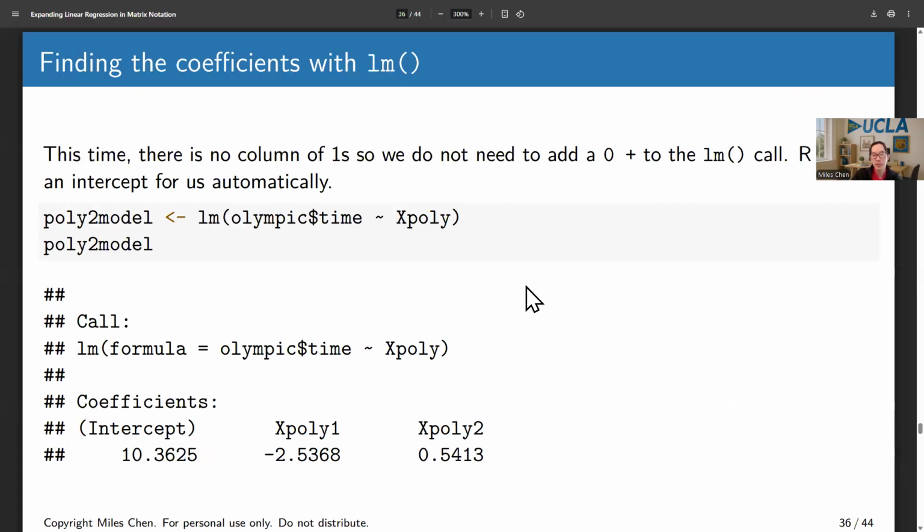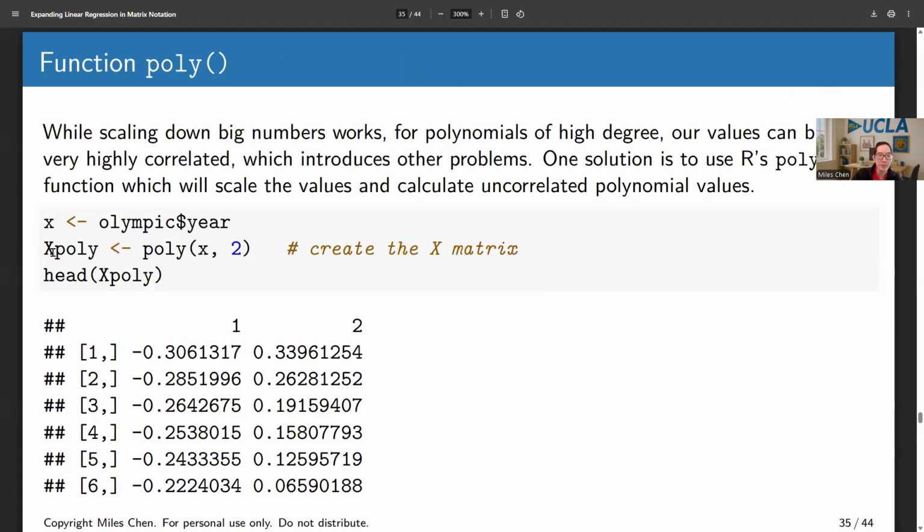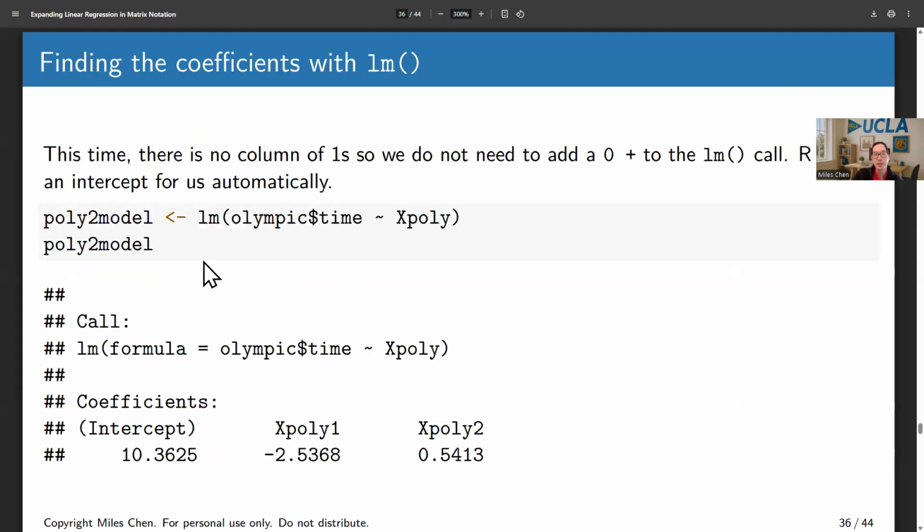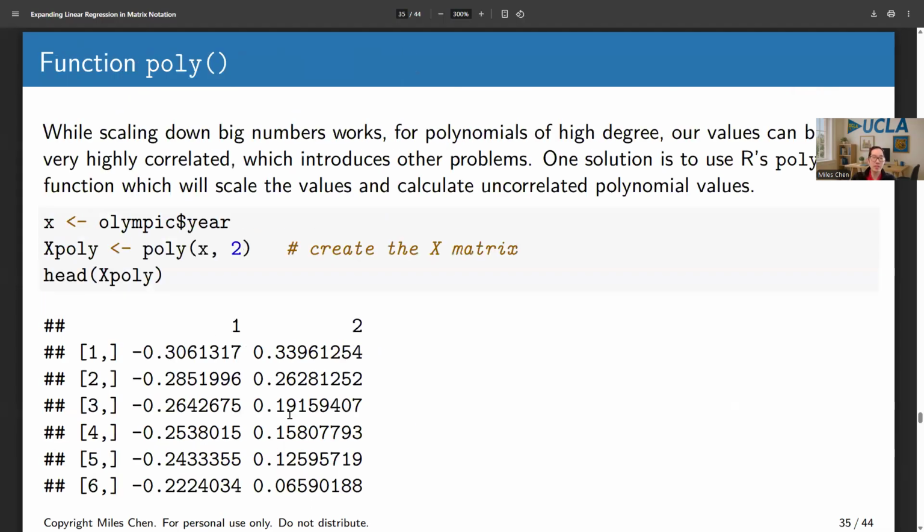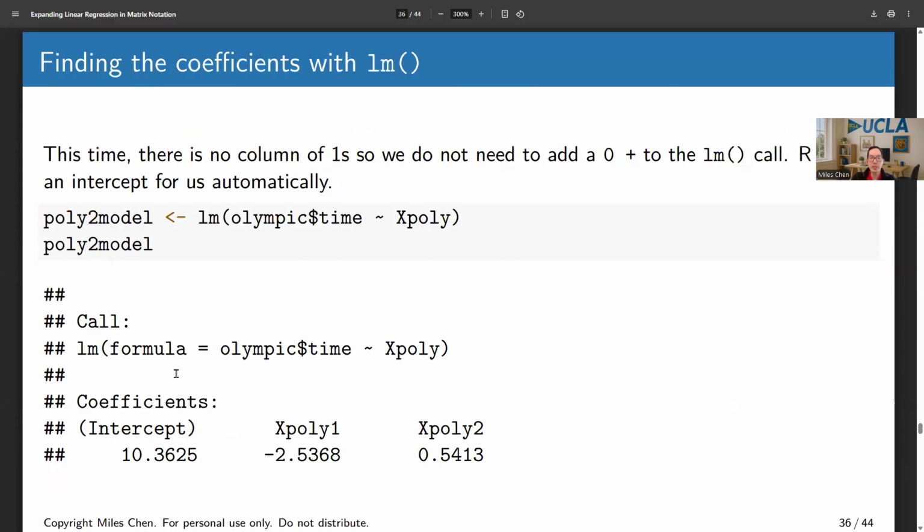Okay. And so here I've created just an X matrix using poly, a second order X matrix, and this will have basically an intercept, a slope, and an X squared term. Now, one issue here is that because these values no longer correspond to the original values, it's hard to understand what these terms mean.